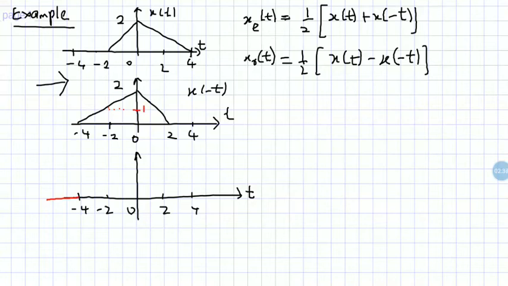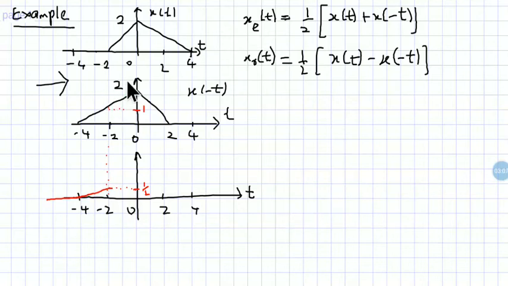If we check at point -2, it is 0 plus 1 divided by 2. So that means this is more or less one half. So from 0 it goes to amplitude 1/2.